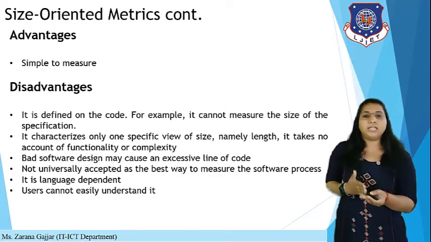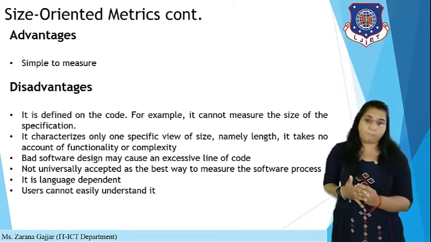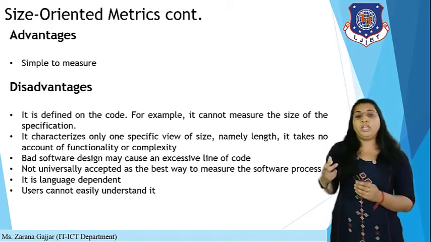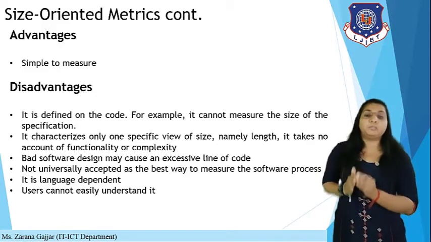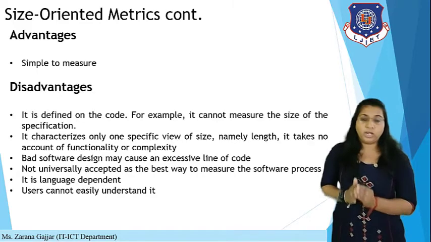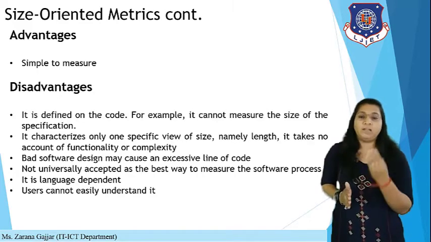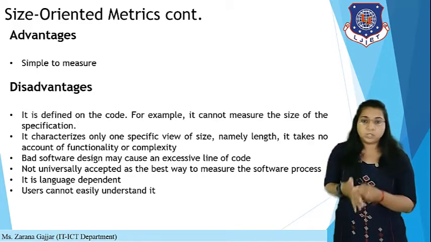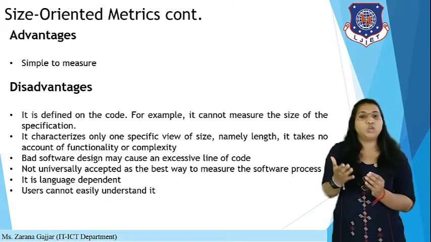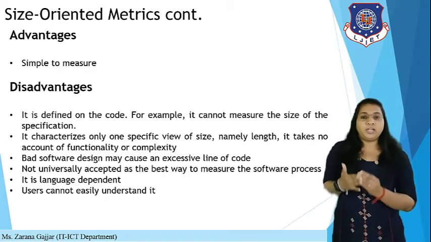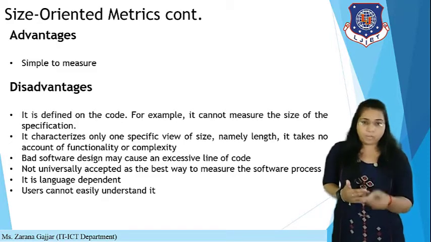Another disadvantage is that it is language dependent. If you are writing your code in the C language, then the size oriented metric is particular to the C language only. If you are moving from one language to another, it can be used only for calculating the actual size in that language.